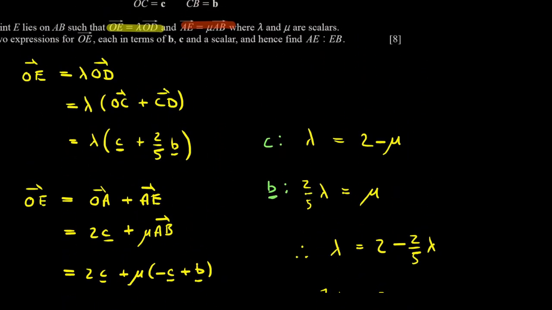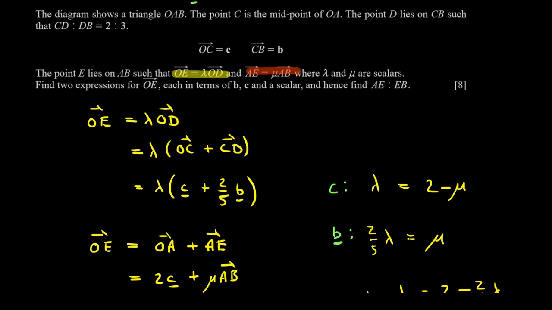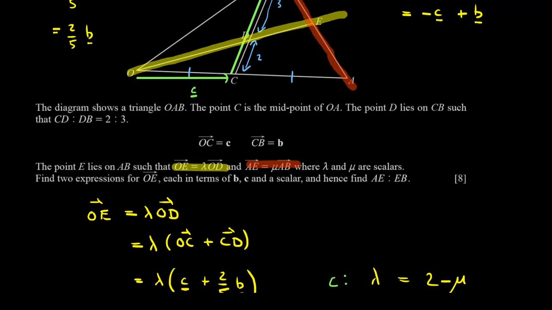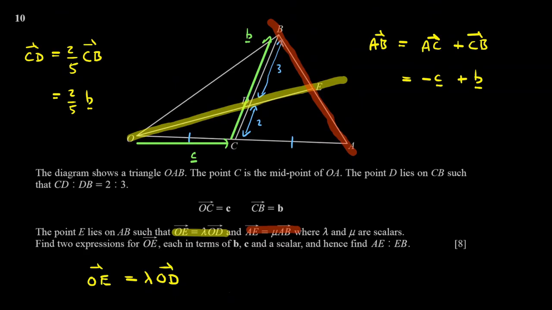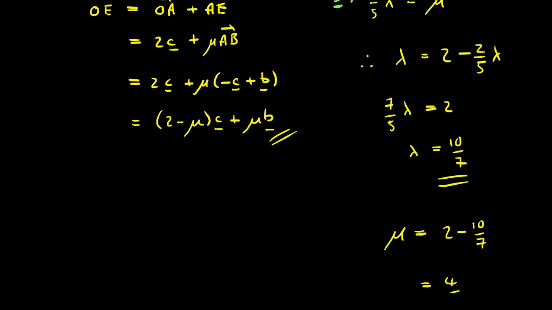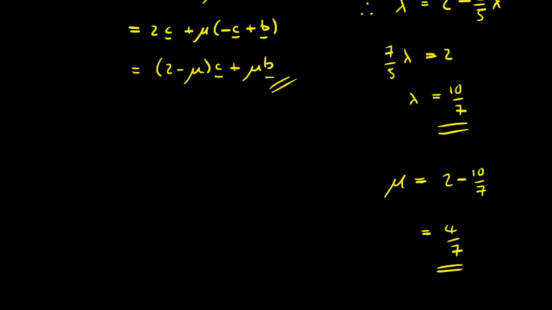So we've already got lambda, we've got mu. Just need to ask ourselves what the actual question is asking. We want to hence find the ratio of A to E and E to B. Well, we know that that's the red line, isn't it? So our mu is equal to 4/7.